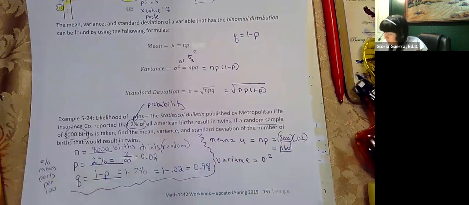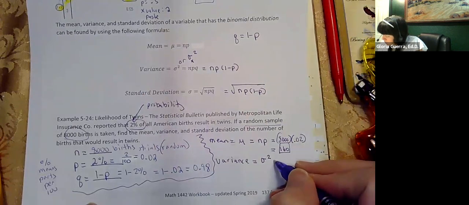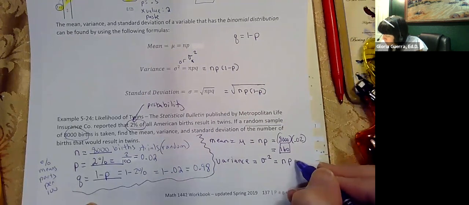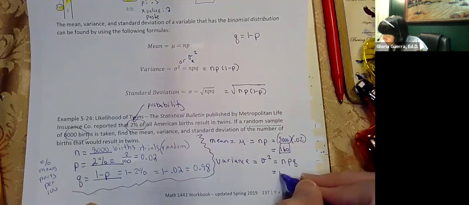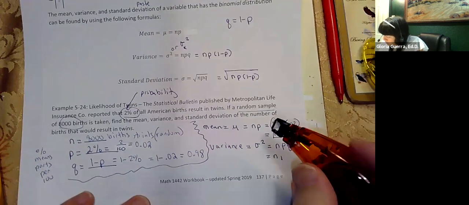I think that's what your calculator uses also. Okay, and then that's equal to n times p times q. We already found q.